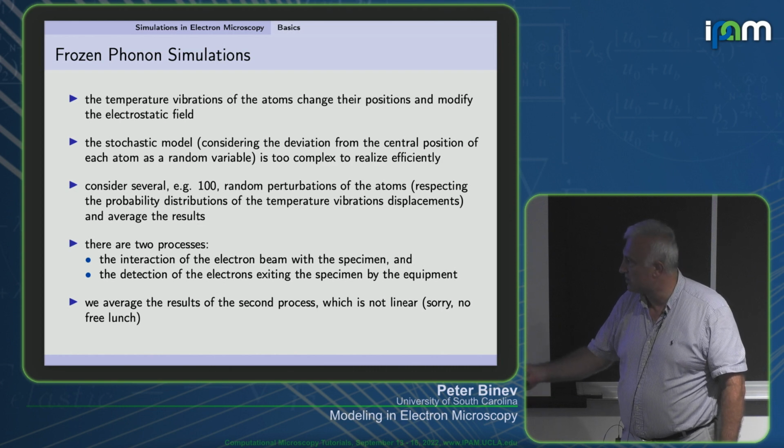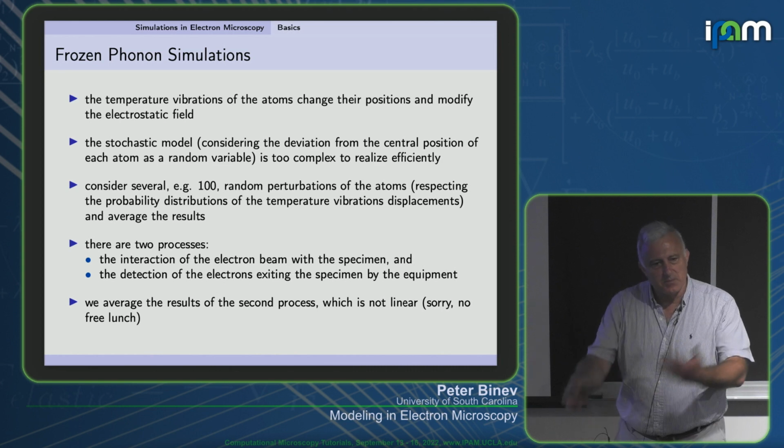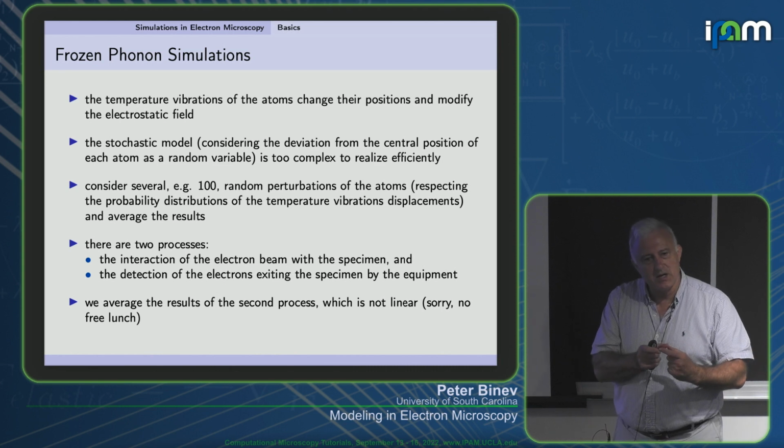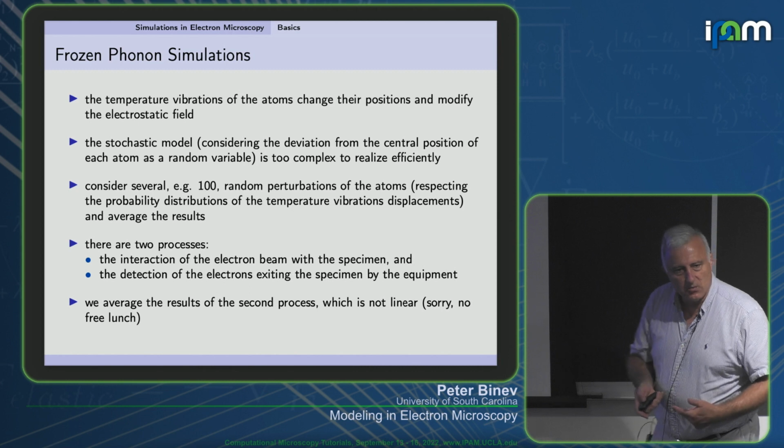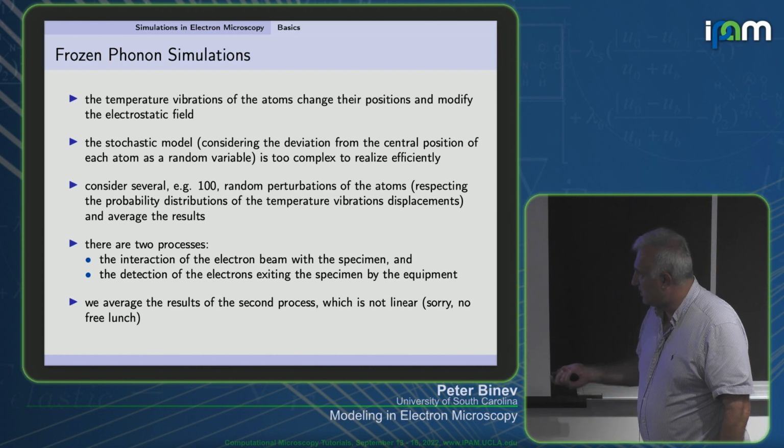We cannot average at the previous stage, because of the nonlinearity of the process we would not get the same result.